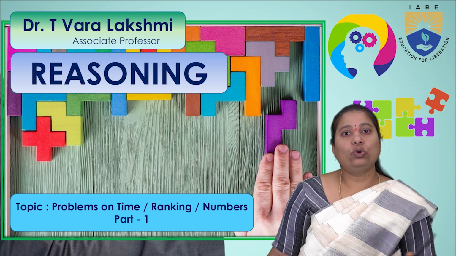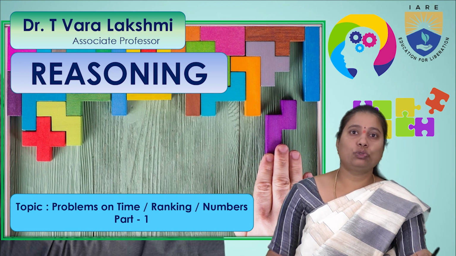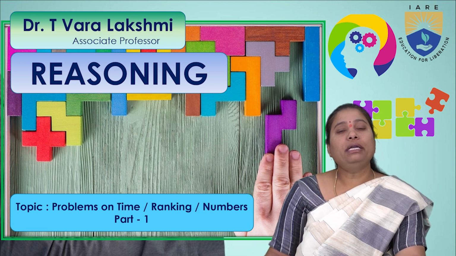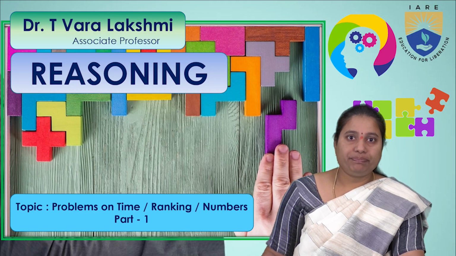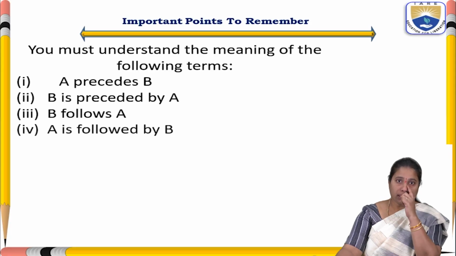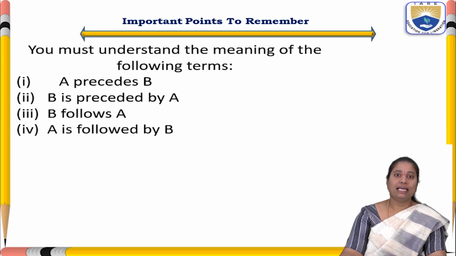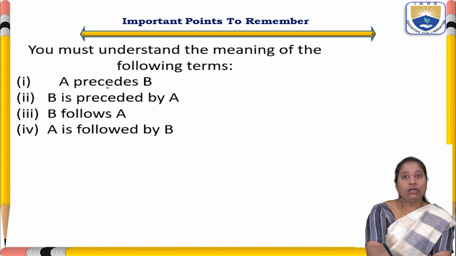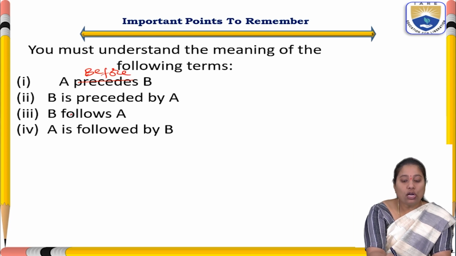So let's have a look at the basics, the important points we need to remember. First of all, these 4 elements we have to remember, that is, A precedes B. First, we should decode this: precedes means before, and follows means after.